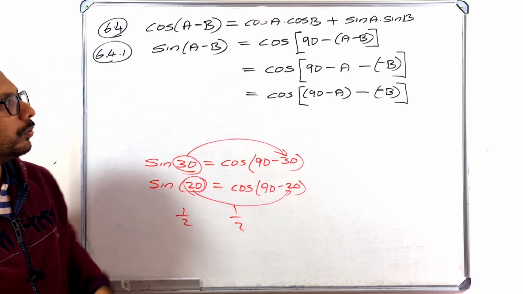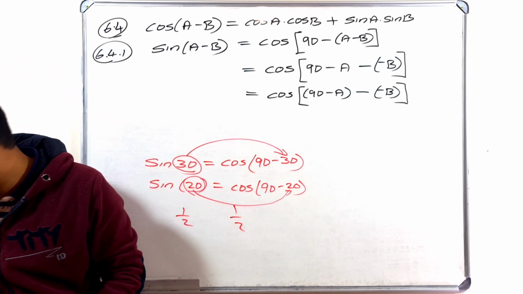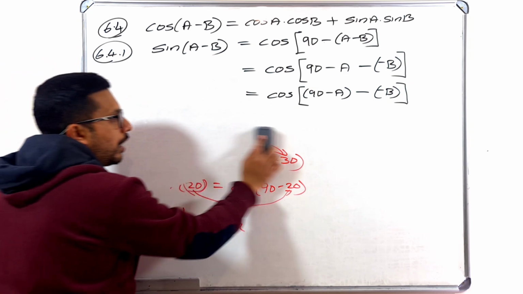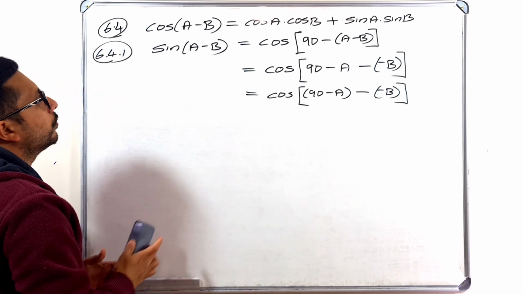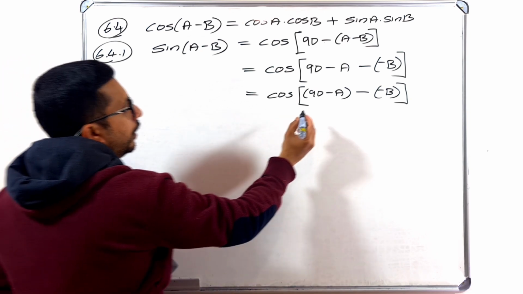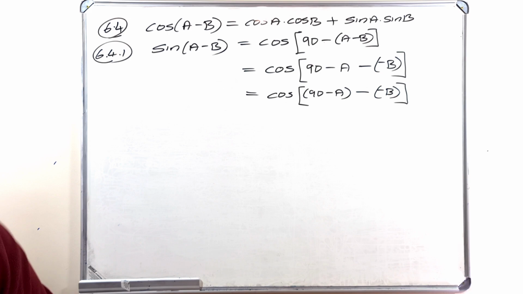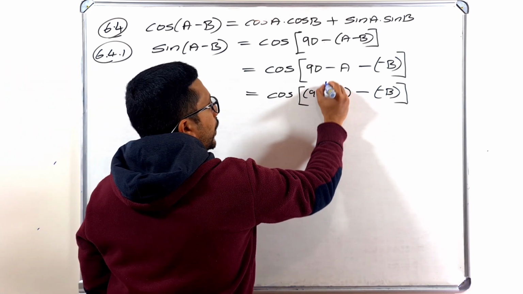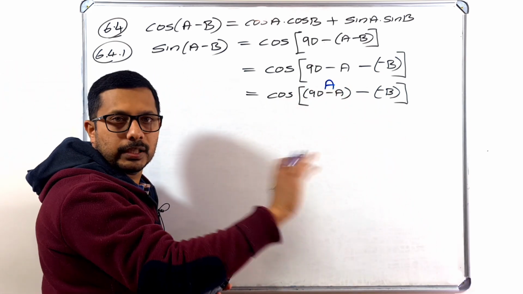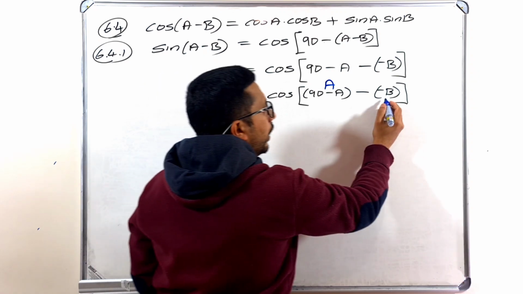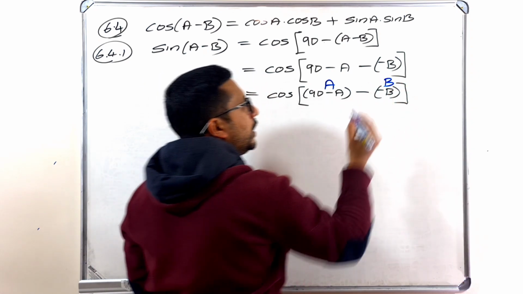Now look at the formula given and the formula that we wrote now. Compare these two. Let's say the whole of that 90 minus a is my a, and the whole of this minus b is my b.